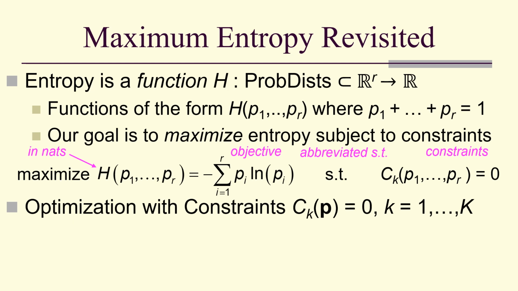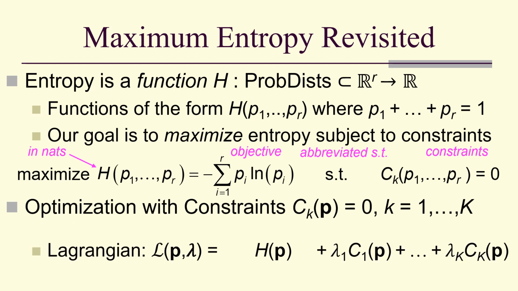So optimization with constraints means we use a Lagrangian. And we're going to be using sometimes vector notation, where if I write a bold lowercase, it simply means the vector of variables. So bold P is the vector, little p1 to little pr. Lambda is the vector of lambdas.